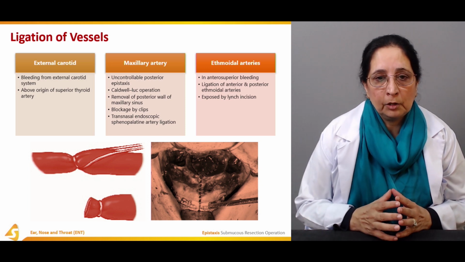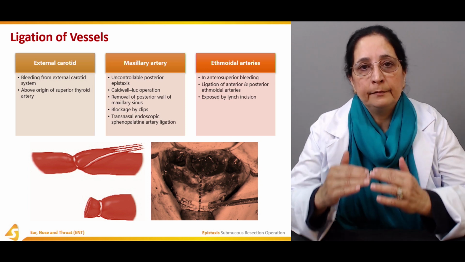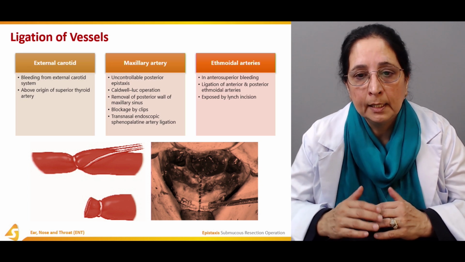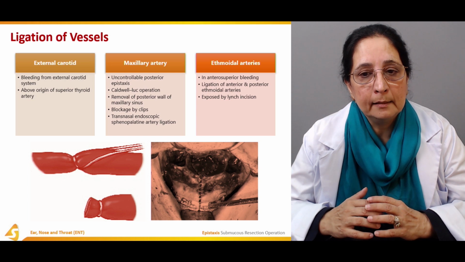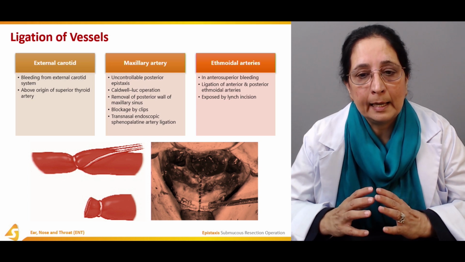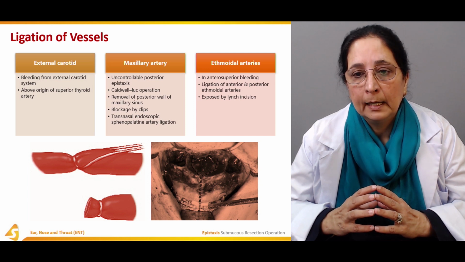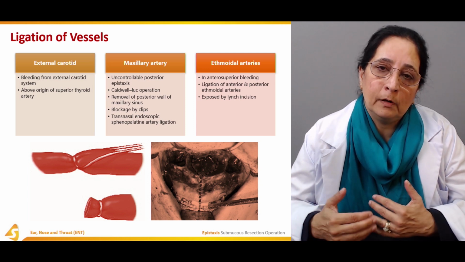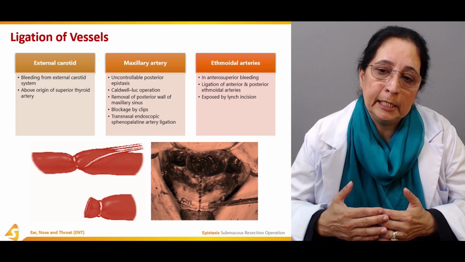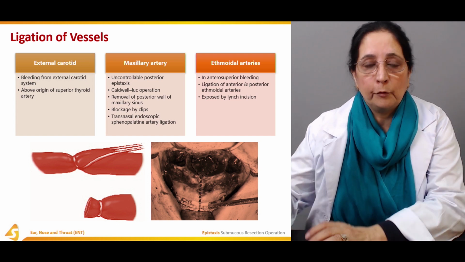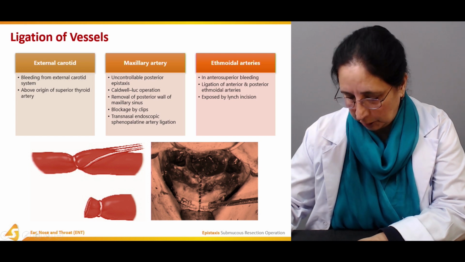In external carotid, we ligate above the superior thyroid artery. In case of maxillary artery involvement, we ligate the sphenopalatine artery. And in ethmoidal, we have anterior ethmoid and posterior ethmoid, and they are approached by the Lynch incision.